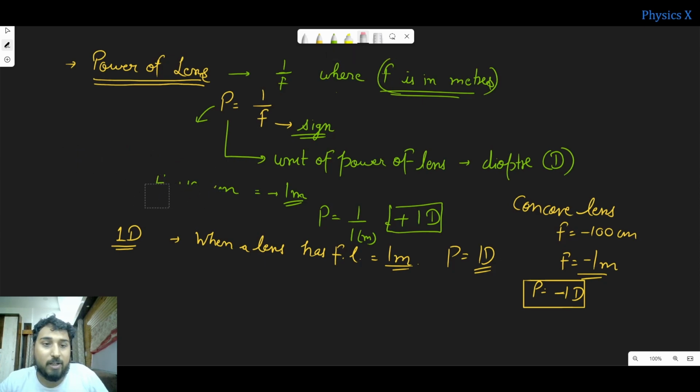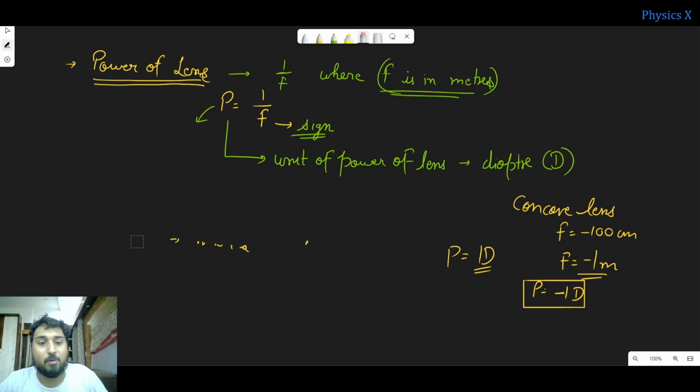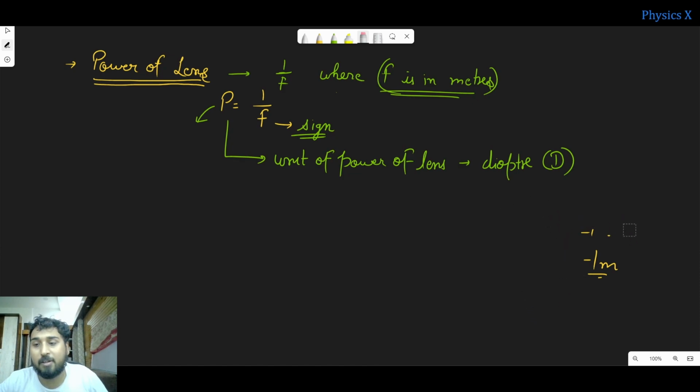Now these lenses can be used in combination, right? One lens can be used in combination with the other lens. So we need to calculate the equivalent power of that optical system. Suppose this is a concave lens, and near to this concave lens, a convex lens is placed, attached.